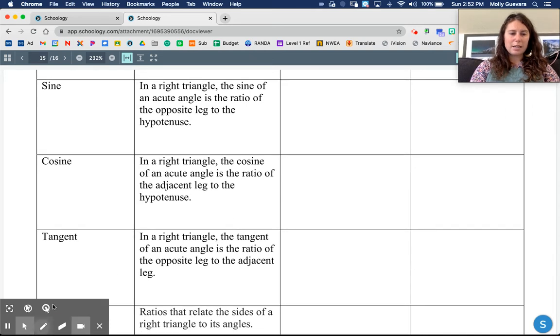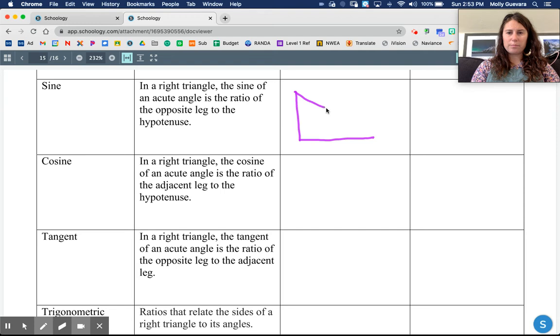So in sine, I guess we'll use that. Let's say I have a right triangle. So let's go ahead and draw a right triangle. Boom, there it is. And I'm going to label this right triangle A, B, and C. So sine specifically, if I'm talking about a certain angle.